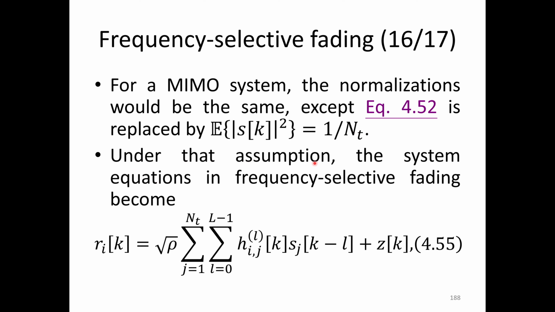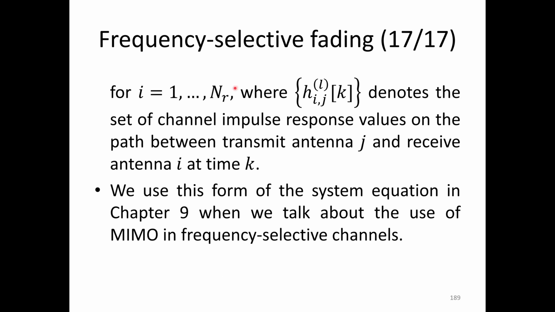Under that assumption, the system equations in frequency selective fading become this equation: Ri of k is equal to the square root of rho times summation j equal to 1 to nt, summation L equal to 0 to capital L minus 1, Hij of k times Sj of k minus L plus Z of k, for i equal to 1 to Nr.